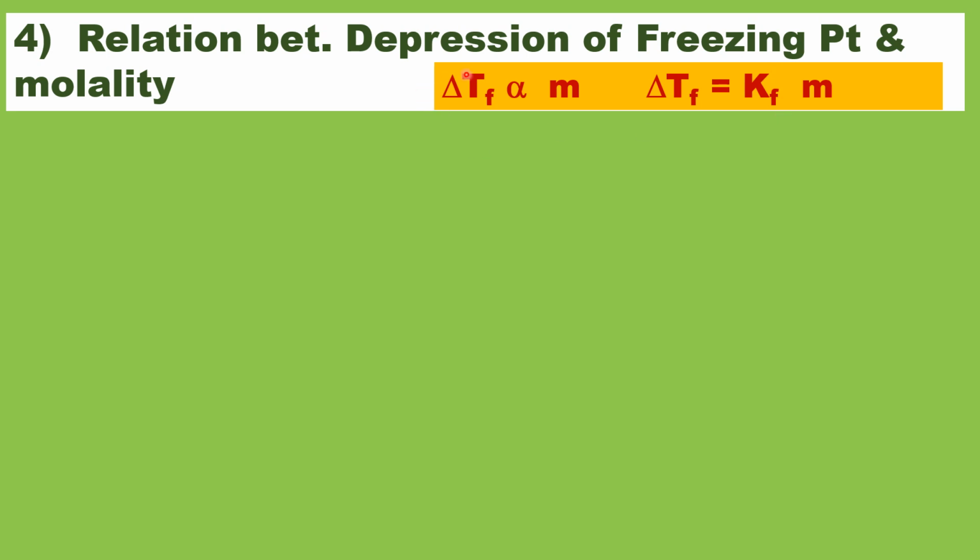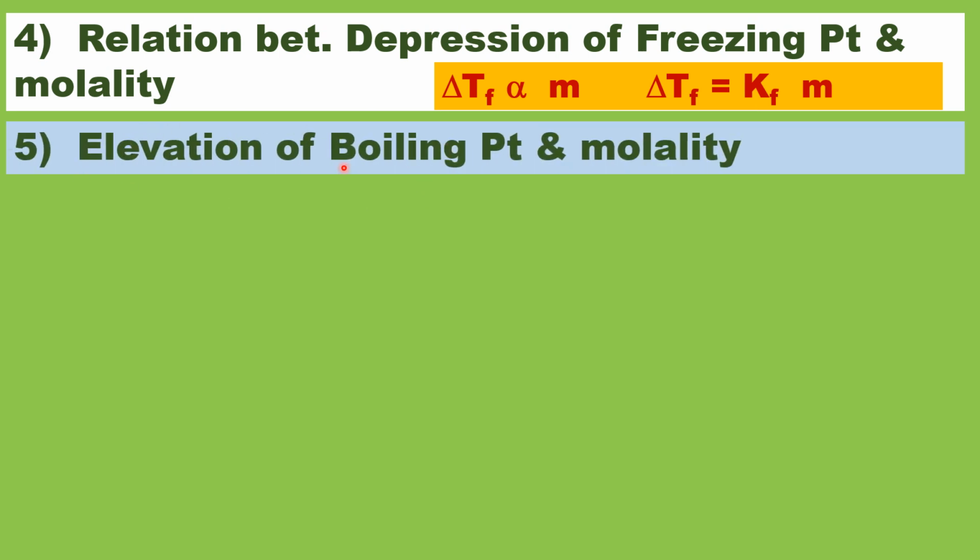The depression of freezing point depends on the molality of the solution, the concentration of the solution. As concentration increases, the depression of freezing point also increases. So it is the molar depression constant. When molality is equal to 1, delTf equal to molar depression constant.